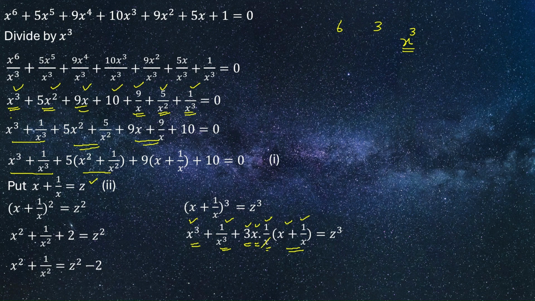This x will be cancelled by this x and we are left with x cube plus 1 over x cube plus 3z is equal to z cube, and it gives x cube plus 1 over x cube is equal to z cube minus 3z. Now we shall replace these values in equation 1.